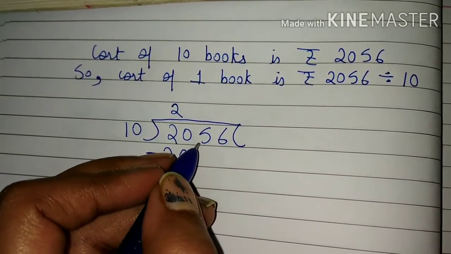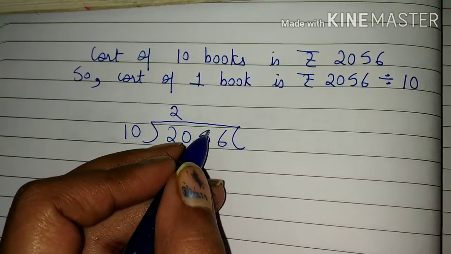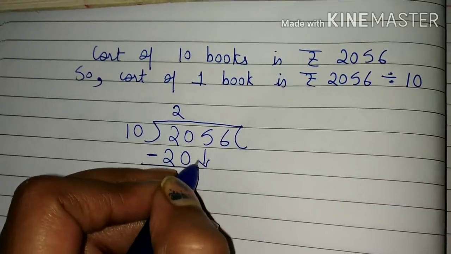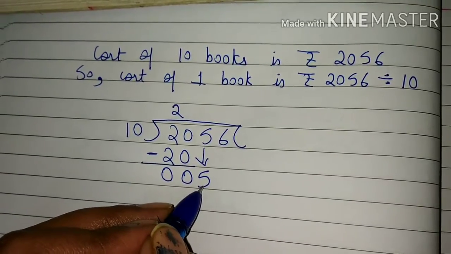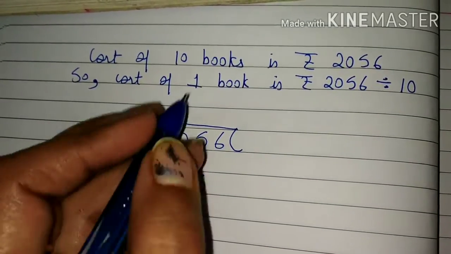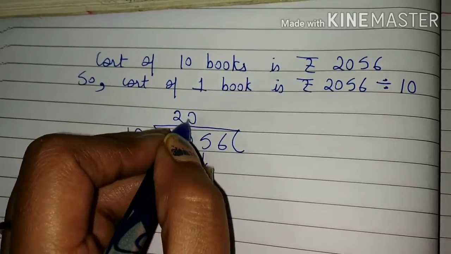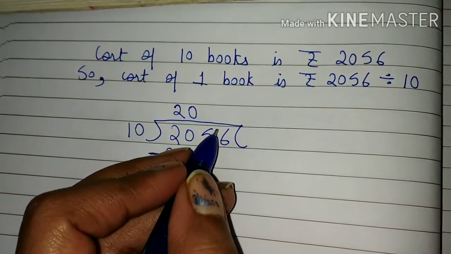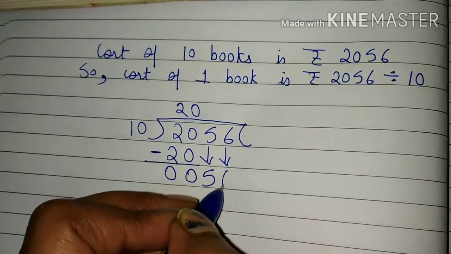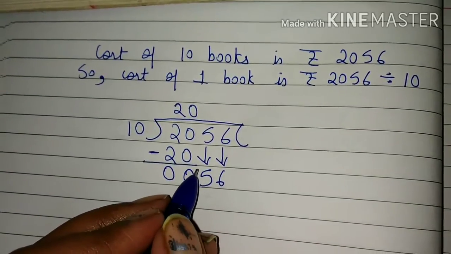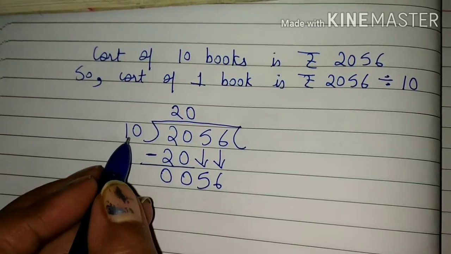Students, now we will copy down the next number, that is 5 here. 5 is not coming in the table of 10. So we will write 0 here and then copy down the next number, that is 6 here. Now students, we will divide 56 by 10.